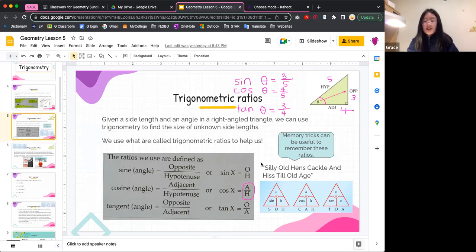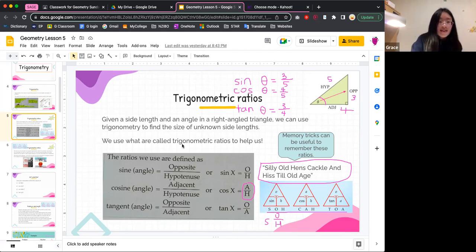And here's a nice little mnemonic. We've got this SOH CAH TOA thing here. Sine is opposite over hypotenuse, so it's SOH, and then CAH TOA. In middle school, our teacher always used these little mnemonics to help us remember things, and I find that they really help.